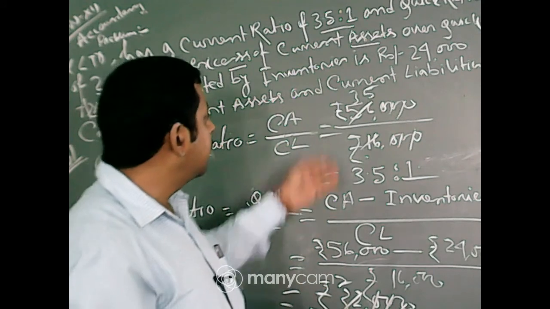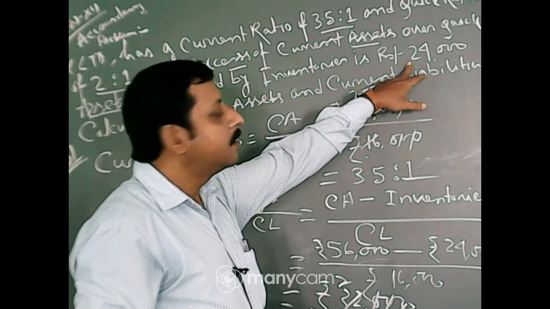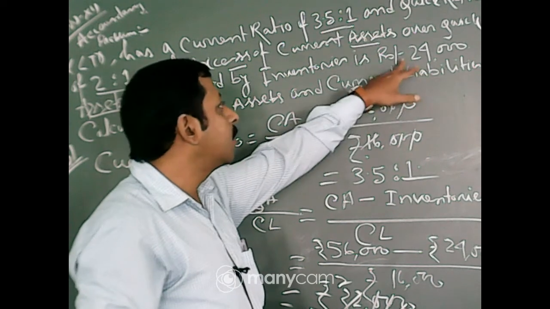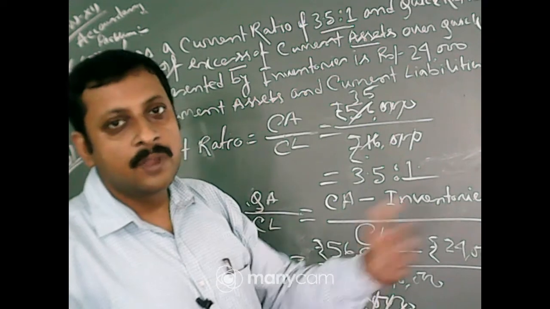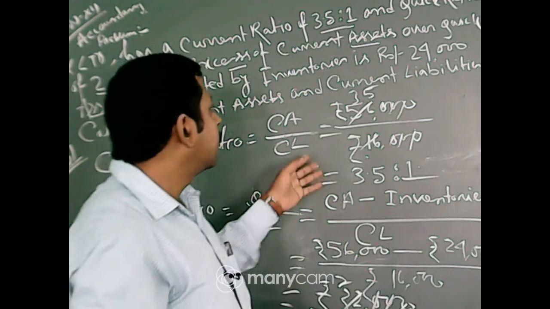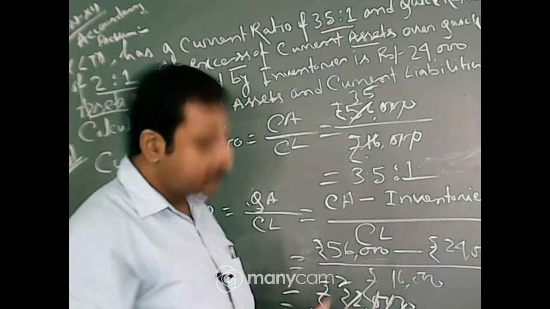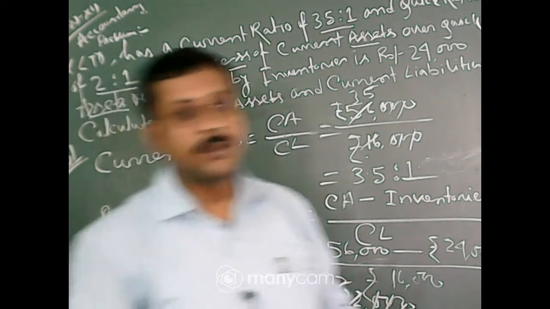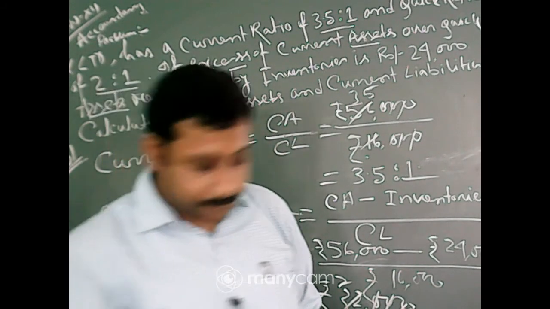Looking at your inventories, there are lots of inventories you have still not utilized or sold. Inventory means the goods not yet sold by you. That is what you should look at: why there are lots of inventories, with stock lying in your organization.